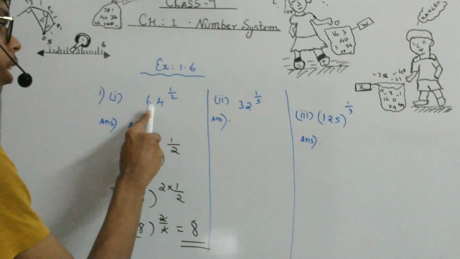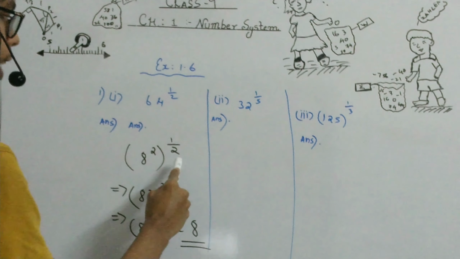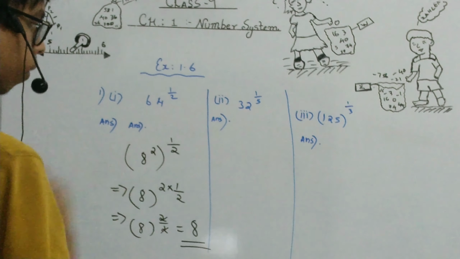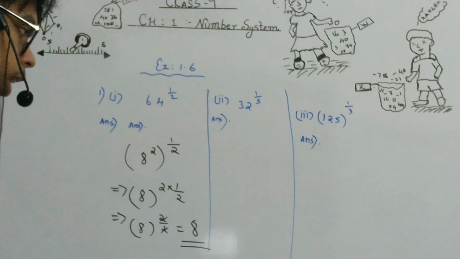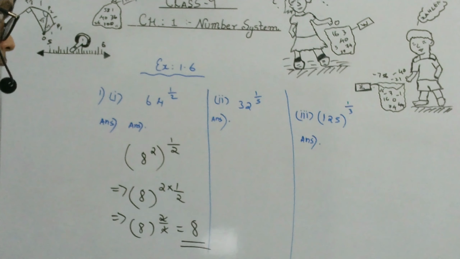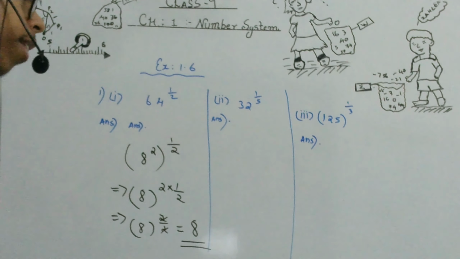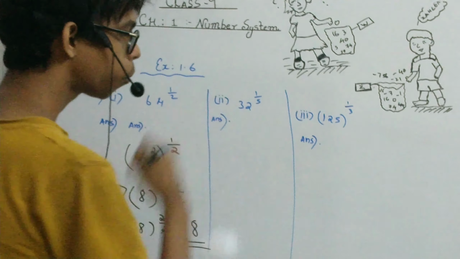So basically you should see how you can write this base so that the denominator present over here cancels off. That is the method in which we do such type of questions. Now see the second one also, 32 raised to 1 by 5. Here you see the denominator is 5.